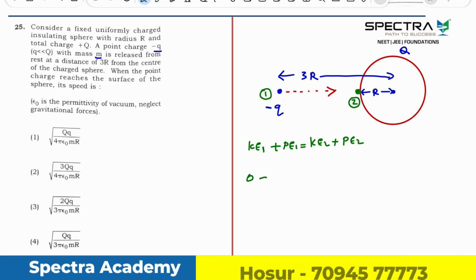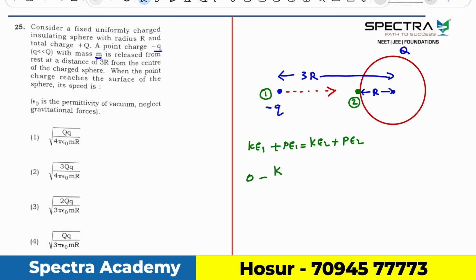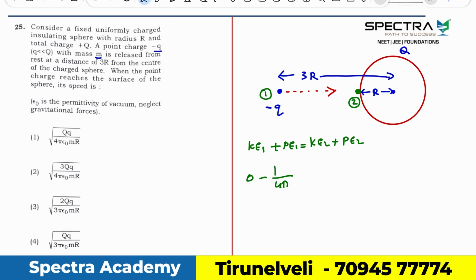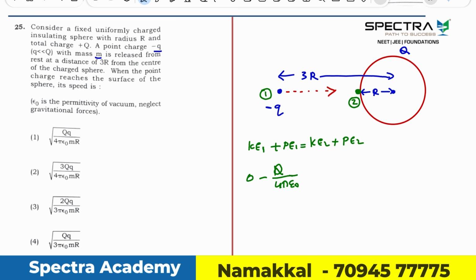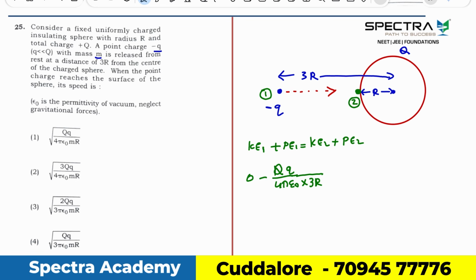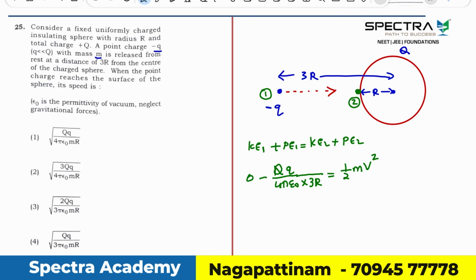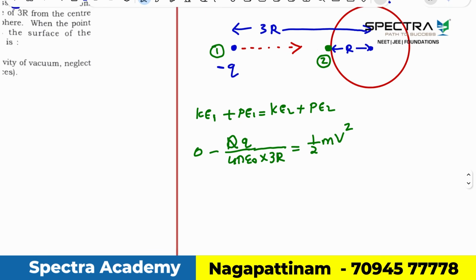That is K, or I can write 1 by 4 pi epsilon naught Q q divided by the distance 3r. This is equal to half mv square. Now what will be the potential energy at the surface?